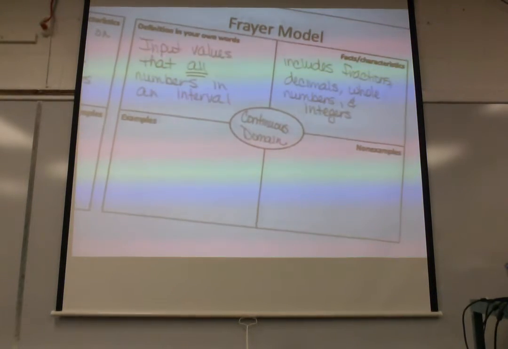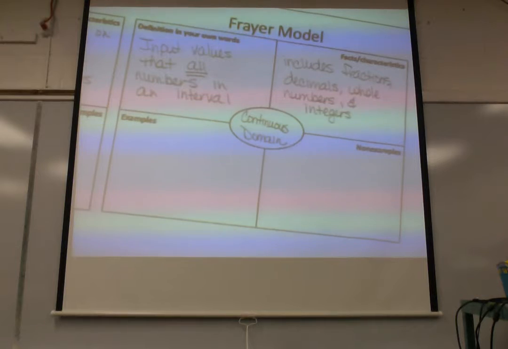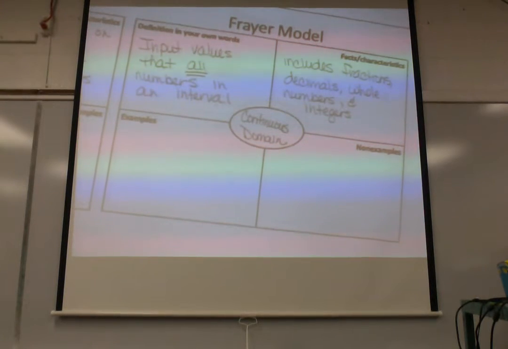So let's go back to that supermarket. If you go up to the meat counter, can you say, I would like 2.5 pounds of hamburger? Can you say, I want 2 3/4 pounds of hamburger?